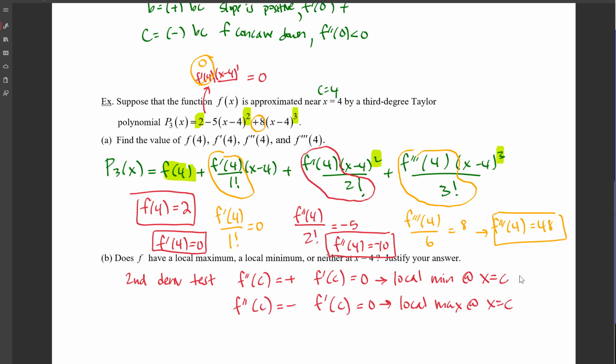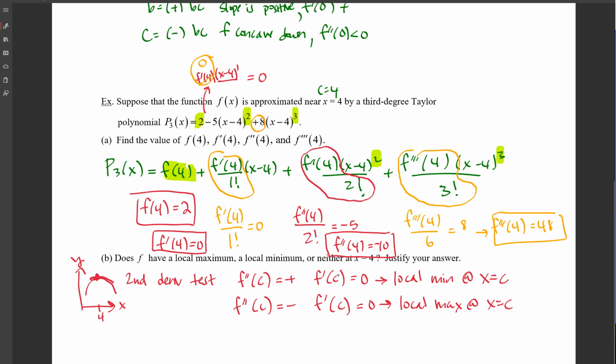All right, so what we're saying is the second derivative at 4 we know is negative 10, and the first derivative at 4 we know is 0, right? So what does that tell us is happening at 4? At the value 4, we have something that's concave down, and the first derivative is 0.